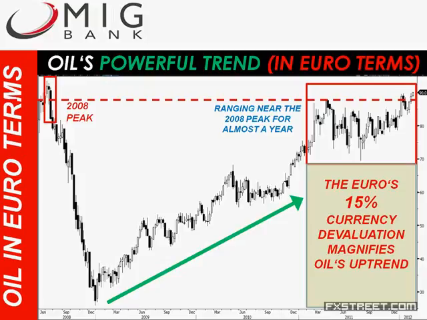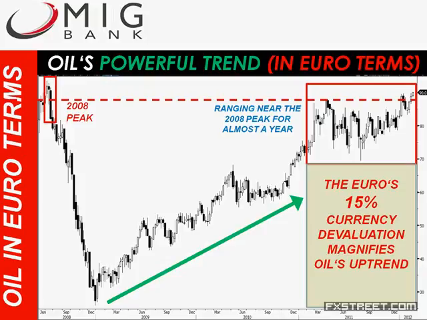Now, the main reason why we're ranging near the 2008 peak, and we have done for almost a year, is because the euro has depreciated by up to 15% since 2011. And what that does is it shows you the currency effect of a weak euro, and it magnifies oil's upside.